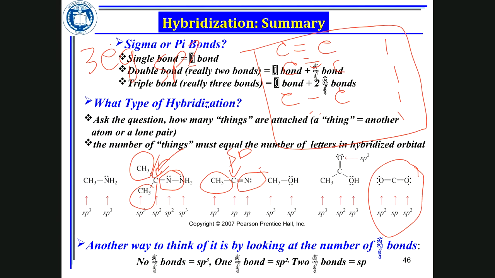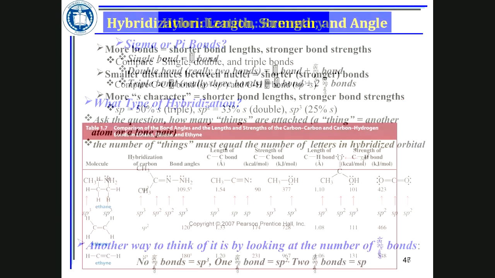No double bond, it would be sp3. One double bond, it would be sp2, and 2 pi bonds is going to be sp. No pi bond would be sp3. What we talked about yesterday also.